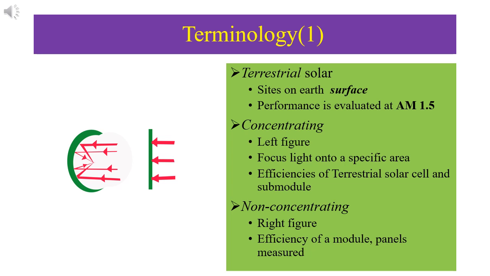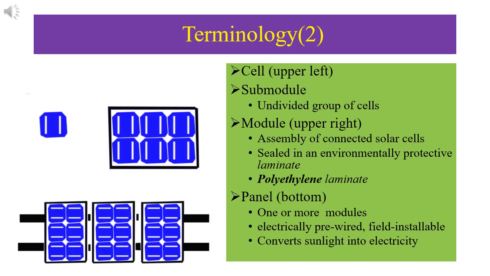Efficiency of a cell or submodule is measured in this way. On the other hand, absorption occurs at all places of solar light irradiation in the non-concentrating one, as in a panel. On the left, shown are cell, module, and panel in sequence.